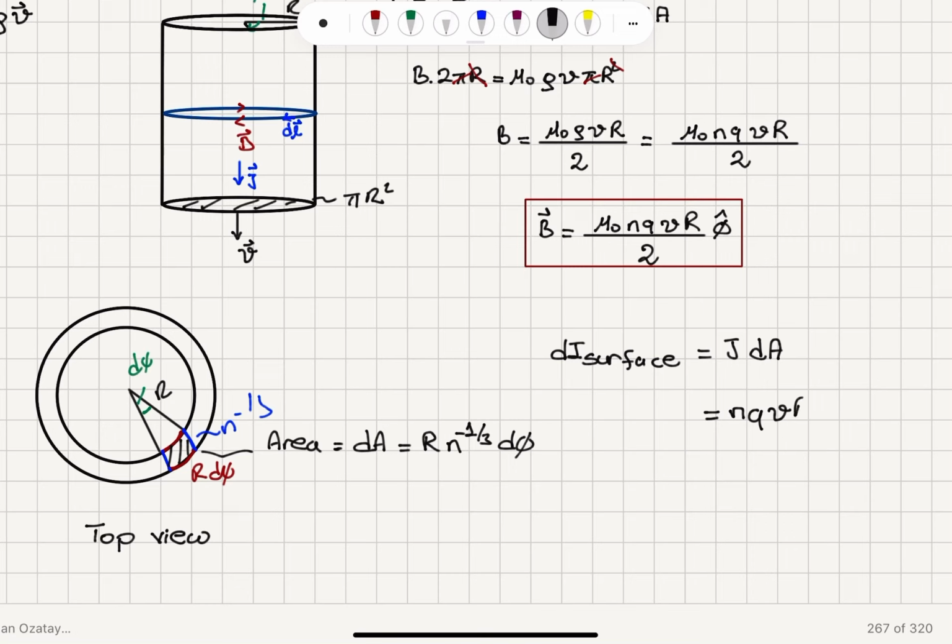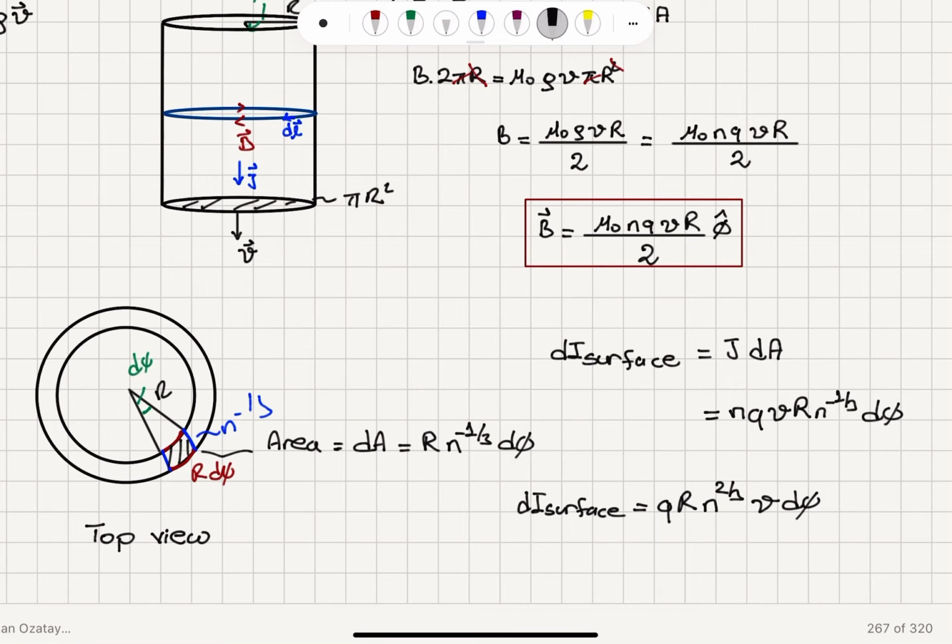The area is capital R n to the minus 1/3 d phi. Because I have n to minus 1/3 and n to 2/3, the surface current di surface is equal to q capital R n to the power 2/3 v d phi.